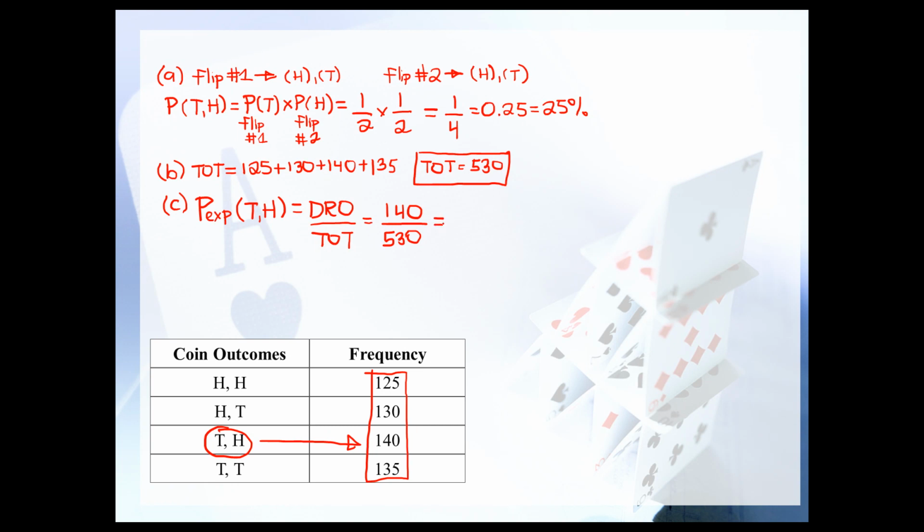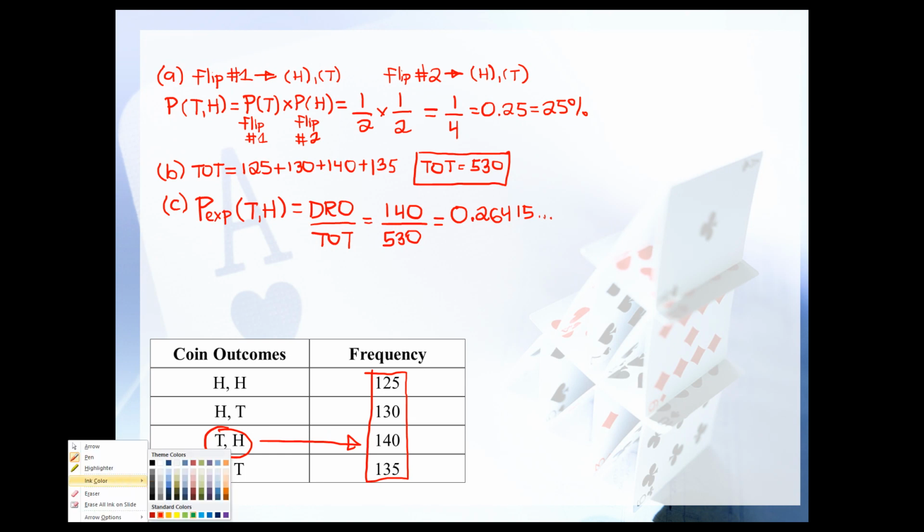Okay, now we're going to calculate this. So 140 divided by 530 would be a repeating decimal. I don't know if it has a repeating pattern to it, but anyways, it's an ugly decimal: 0.26415... I don't know if the pattern starts to repeat then or not. And again, we want to round this to the nearest thousandth. Let's look at the first 3 decimal places, and we look at the 4th digit to identify if we round up or not.